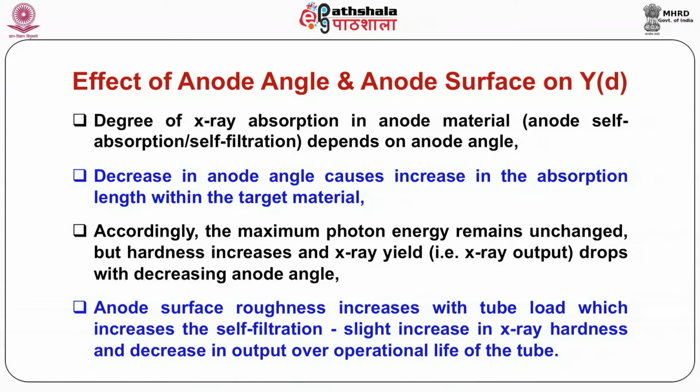The decrease in anode angle causes an increase in the absorption length within the target material. Accordingly, the maximum photon energy remains unchanged, but hardness increases and X-ray yield, that is X-ray output, drops with decreasing anode angle, as has been shown in the figure.